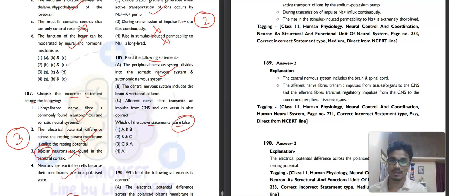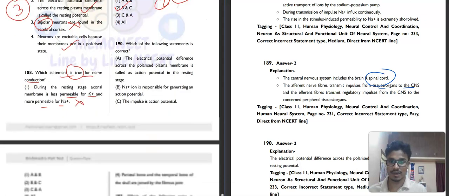Then the central nervous system includes the brain and vertebral column. The central nervous system includes the brain and the spinal cord, not the vertebral column. An afferent nerve fiber transmits an impulse from the CNS and vice versa is also correct. An afferent nerve fiber transmits impulses from tissues to the CNS. Okay, so this is not correct. So what are the false? B and C are false. The second option will be your correct answer.